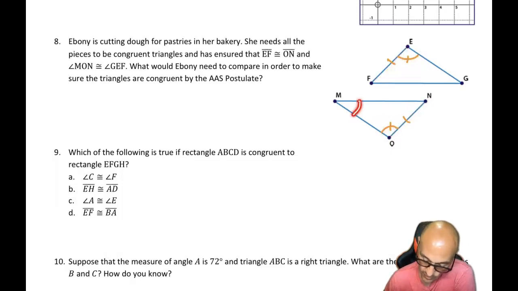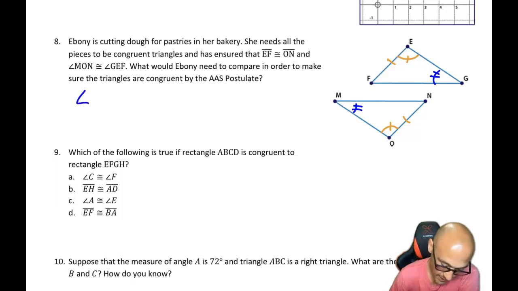So it has to be that this angle and that angle are congruent, because then it's angle, angle, side. So we need to show that angle G is congruent to angle M.